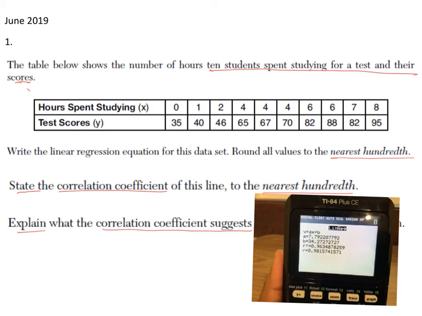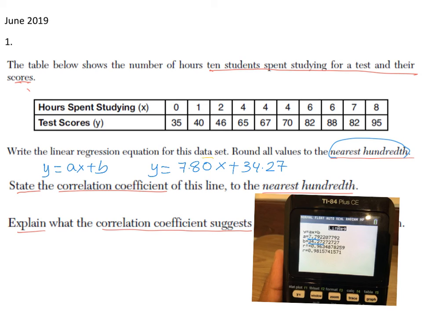So let's plug in our values. So y is equal to ax plus b. We want the answer to the nearest hundredth, so that would be 2 decimal places. So here we have y is equal to 7.79, which will round off to 80x plus 34.27.